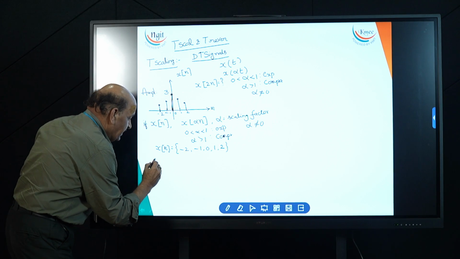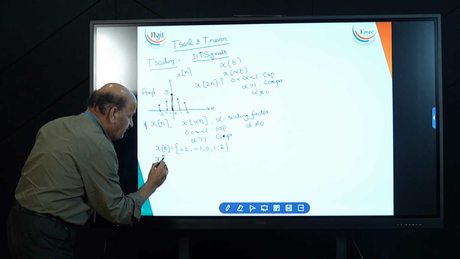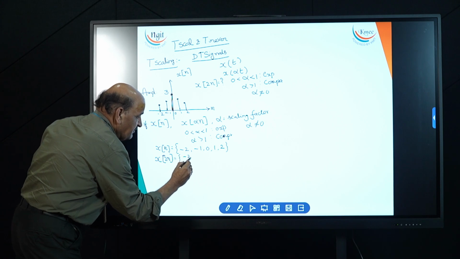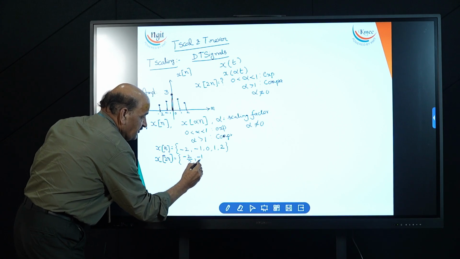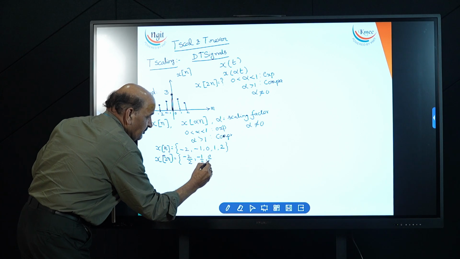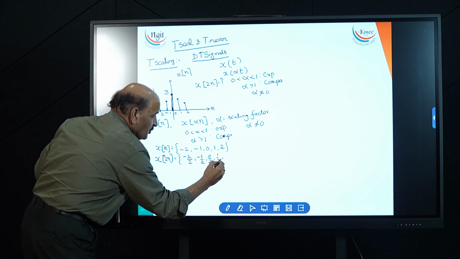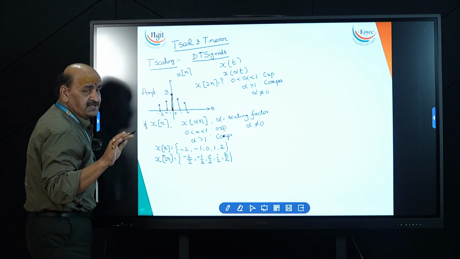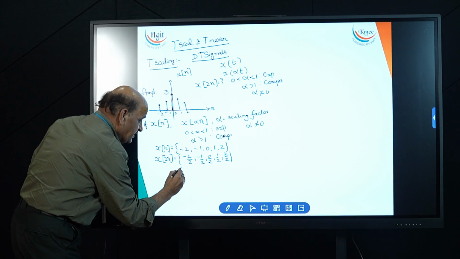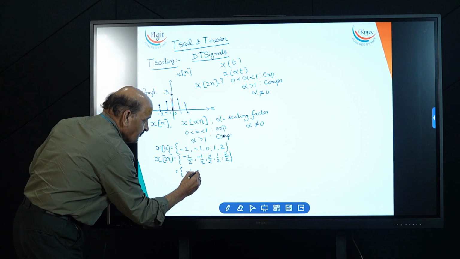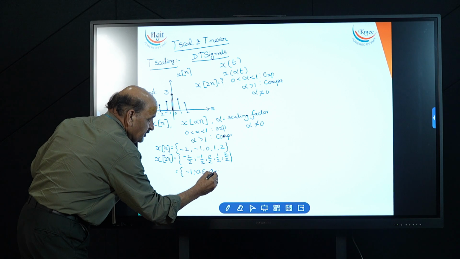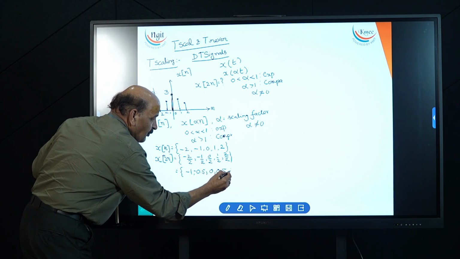Compressed means that for x of 2n, its width will be divided by 2: minus 2 by 2, minus 1 by 2, 0 by 2, 1 by 2, 2 by 2. There will be no change in the amplitude. So the resultant width will be minus 1, minus 0.5, 0, plus 0.5, 1.